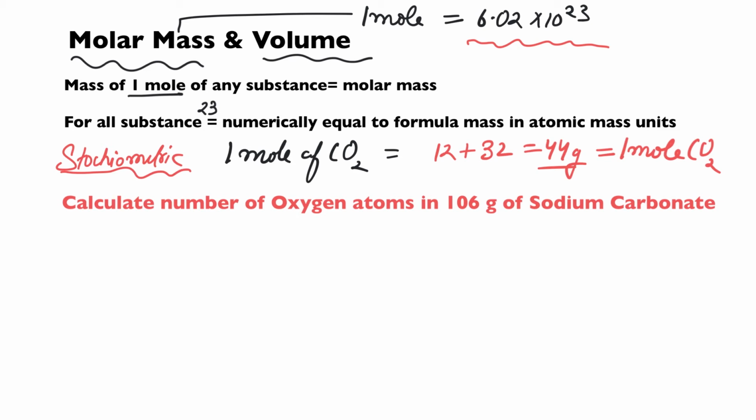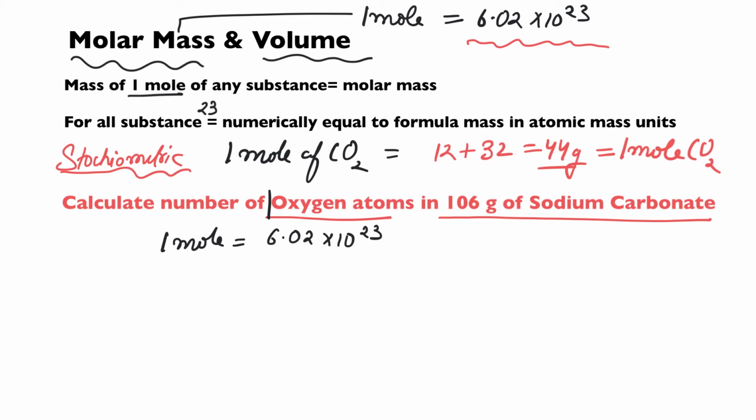Now, let us do some calculations. For example, calculate the number of oxygen atoms in 106 gram of sodium carbonate. Now, the thing you should be very much considerate about is oxygen atoms. If we remember carefully, 1 mole equals 6.02 times 10 to the power 23 formula units, right?